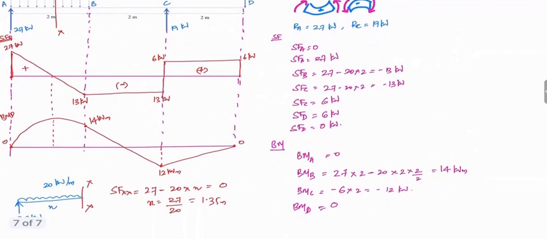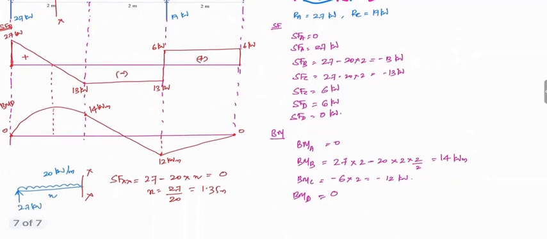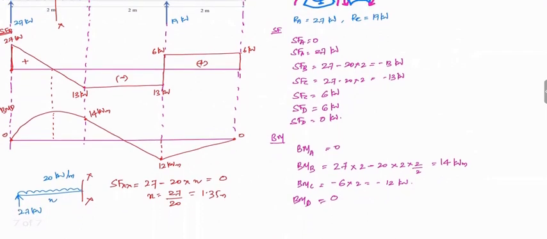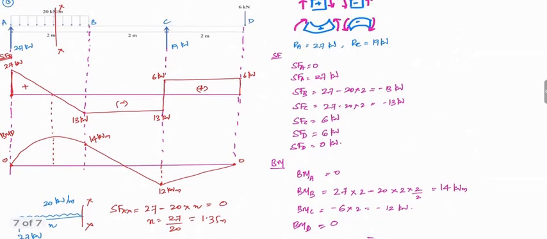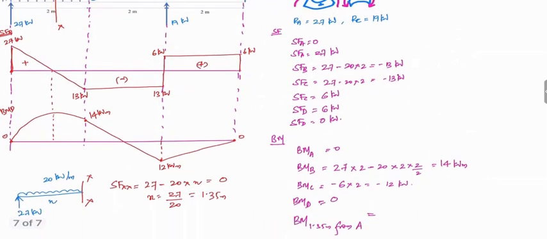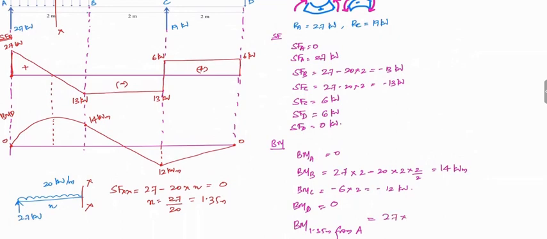So your shear force becomes 0 at 1.35 meter, and your bending moment value will be maximum at that point. So I need to find again the value for your bending moment at 1.35 meter from A, which means I can write the section is over here, 1.35 meter from A. That is, I can write 27 into 1.35 minus 20 into 1.35 into 1.35 divided by 2.